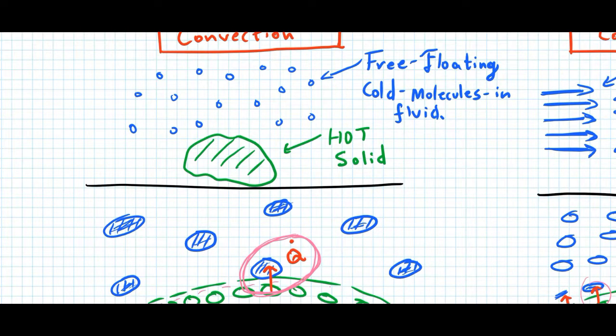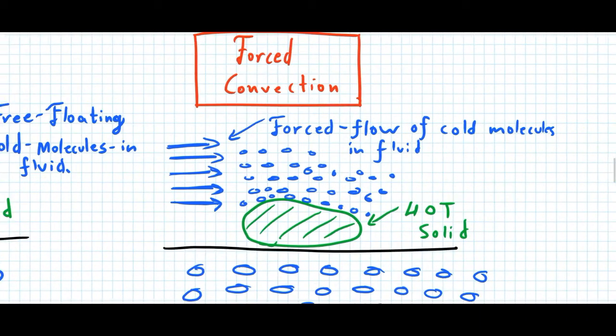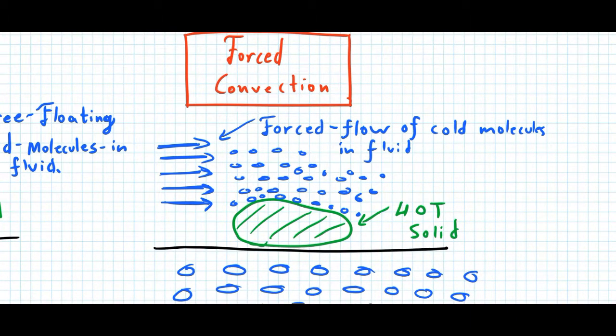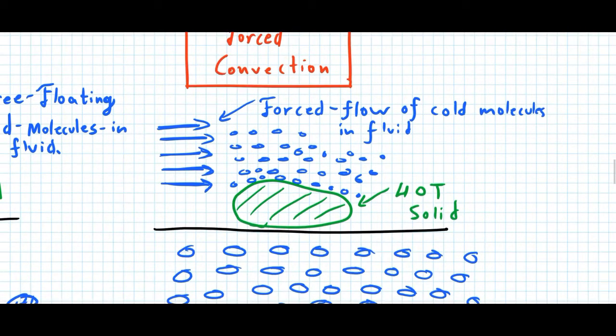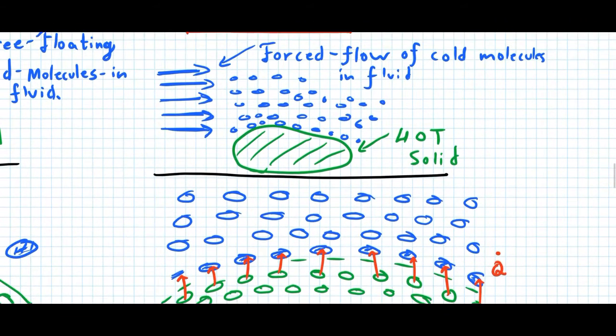So let's turn our attention now over to forced convection. In forced convection, we have a different scenario. The blue molecules can actually be moving in accordance with some driving force, according to the boundary layer theory that you may have learned about in mass or momentum transfer.